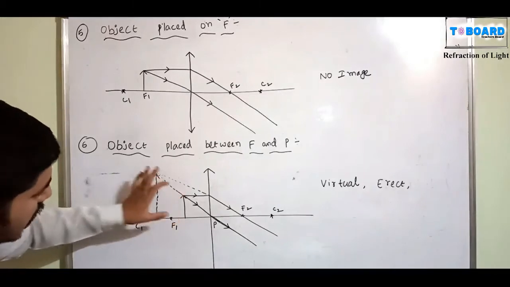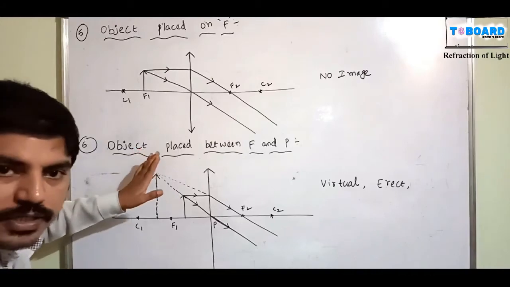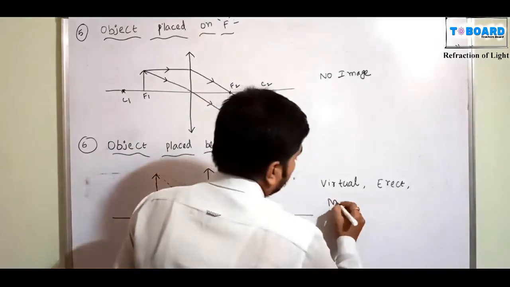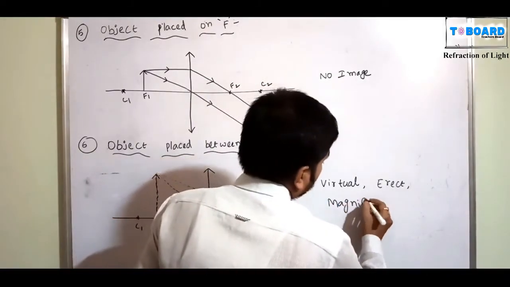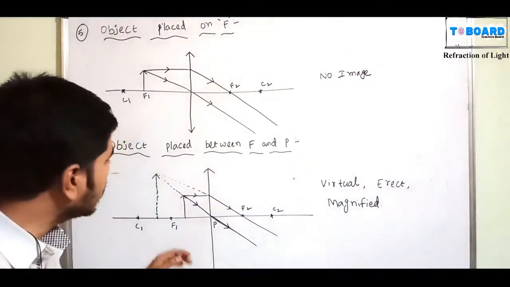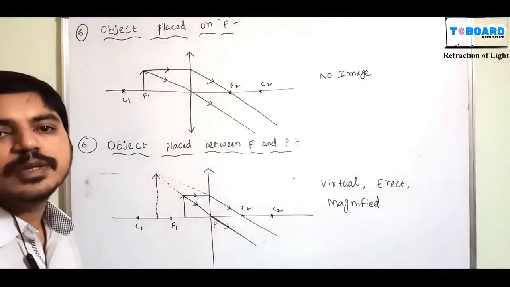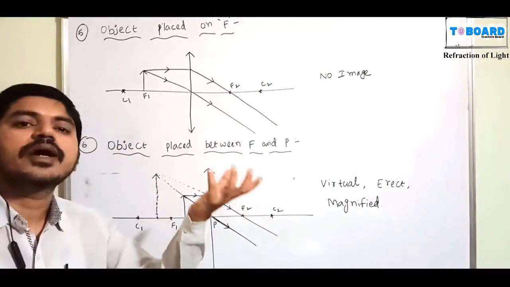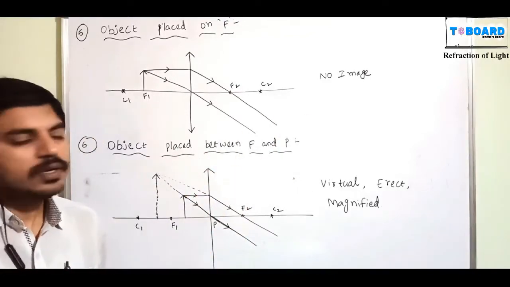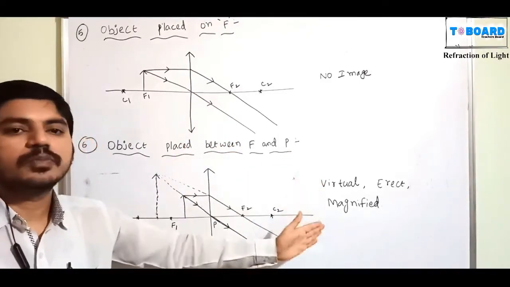Compared to the object height, the image height is bigger, which means the image is magnified. So a magnified image appears. These are the characteristics of the 6 conditions. The 6 conditions are very, very important. They may ask a long question, or they may also ask condition-wise questions individually. So that is very important, and especially the characteristics are also very important to write.